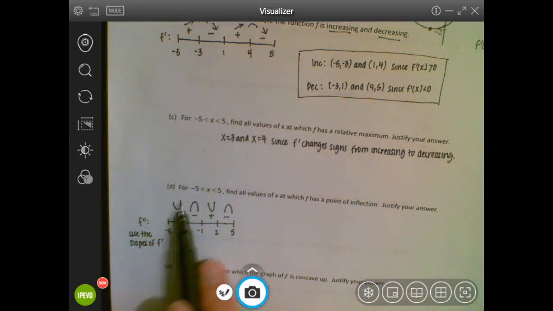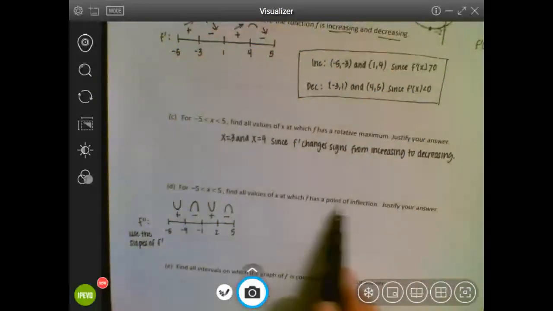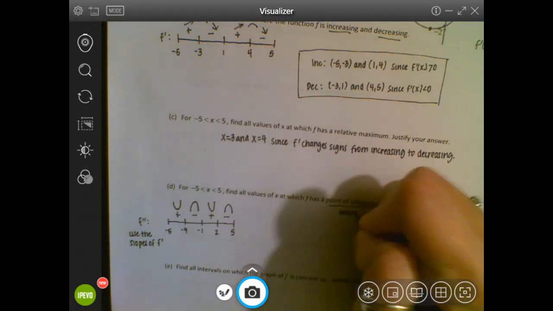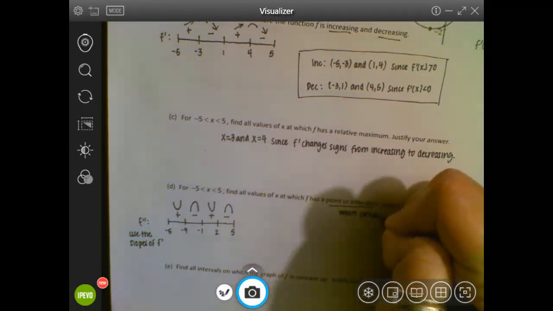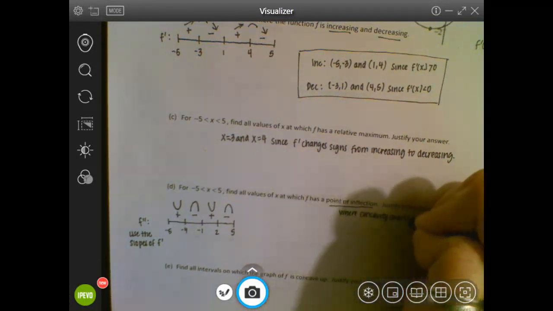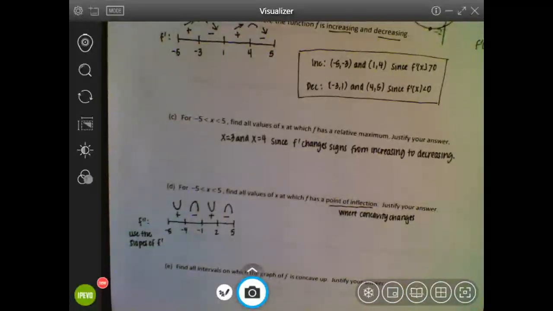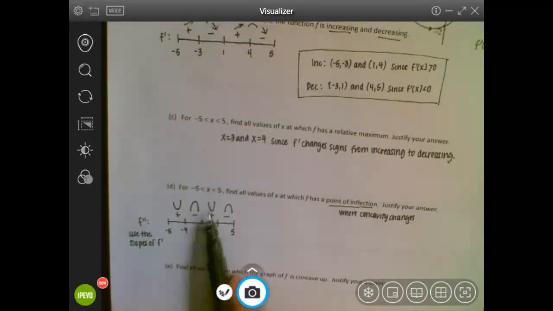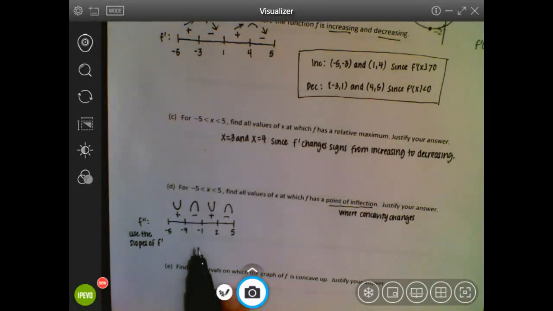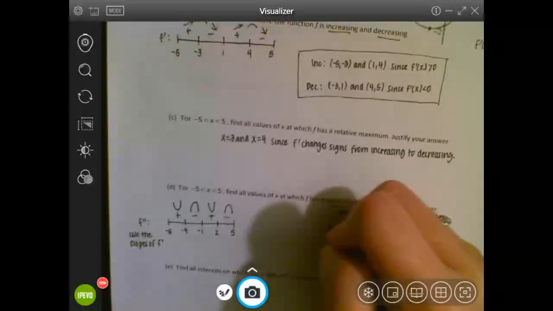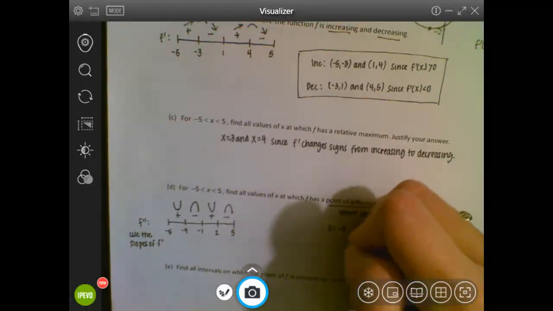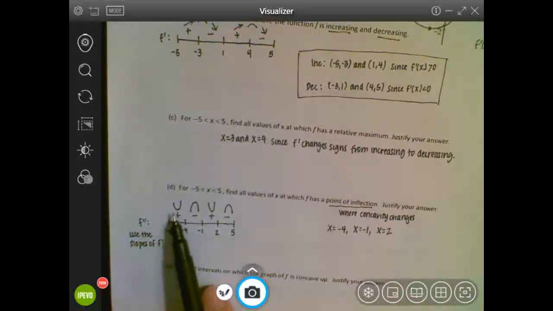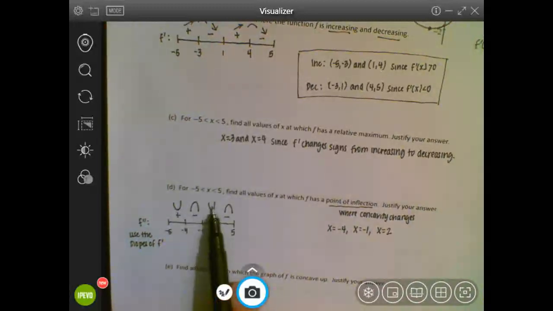So basically, the point of inflection is where concavity changes. So concavity is changing where the concave up goes to concave down, or where concave down goes to concave up. So the x values where this is happening would be x is equal to -4, x is equal to -1, and x is equal to 2, because that's where concavity is going from up to down to up, or up to down.